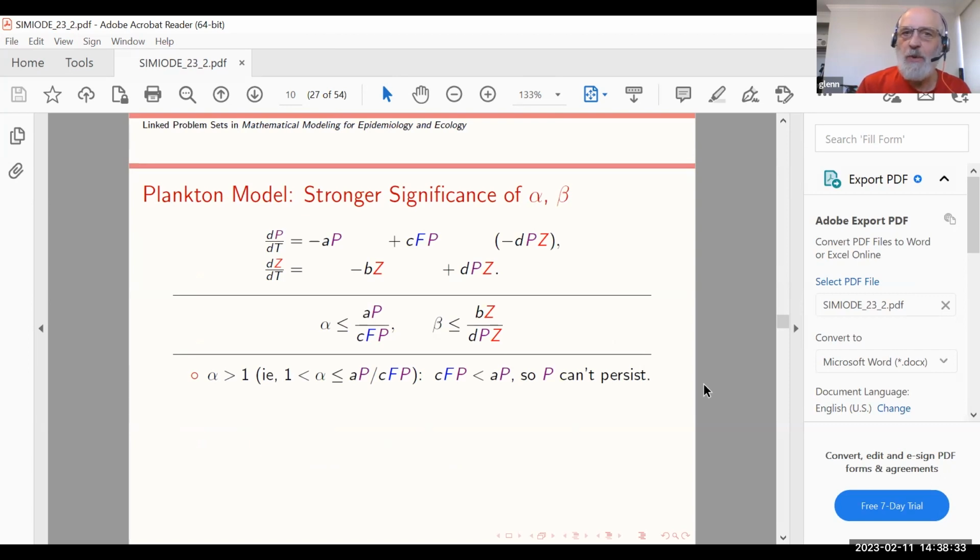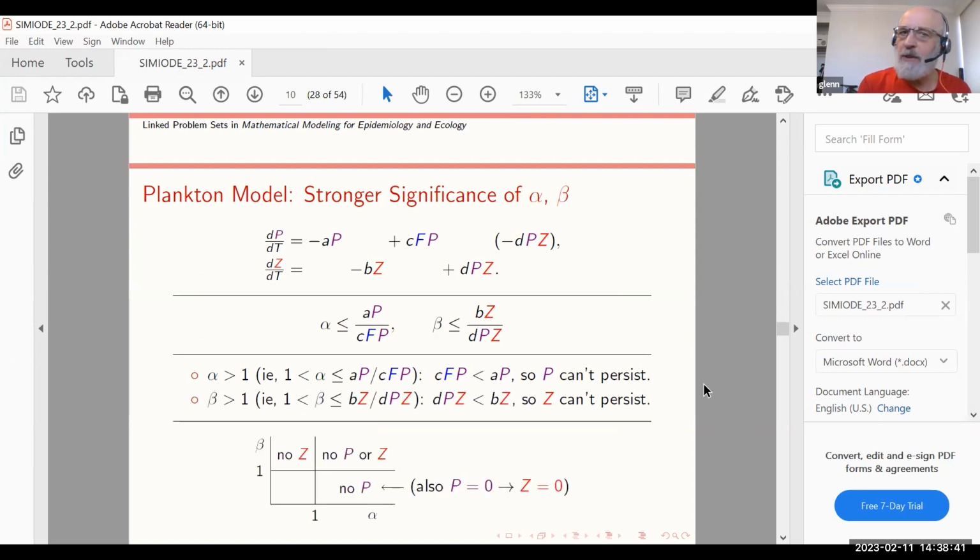So alpha less than 1 is a requirement for the existence of P. It's sort of like a basic reproduction number for P. And similarly, beta greater than 1 means that Z can't persist. And so we can plot this graph in the parameter space that shows that when alpha is bigger than 1, you get no P and no Z. And when alpha is less than 1, whether you get Z or not depends on the value of beta.